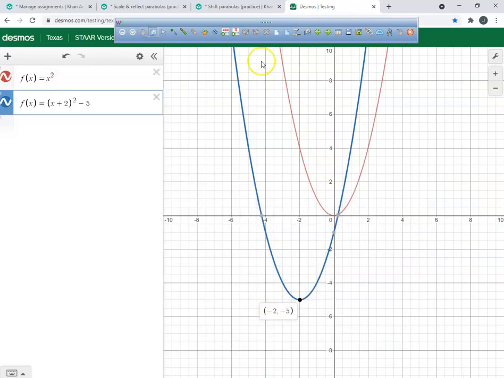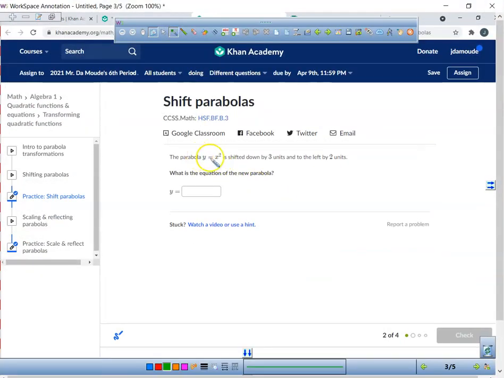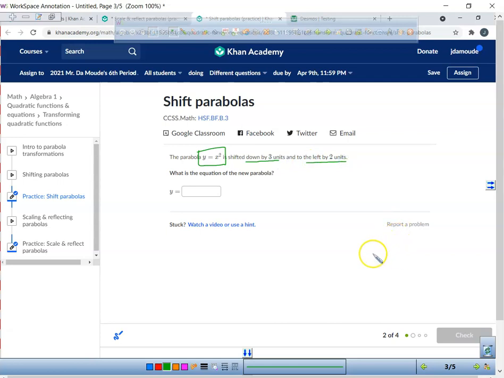Now we're going to go over here. We're going to go to Khan Academy and take a look at it. And you can write this down with me. What are we always starting from? y equals x squared. All right. And it says we want to do what? Down 3 and 2 units left. So I'm just going to write it. 2 units left would be x plus 2.